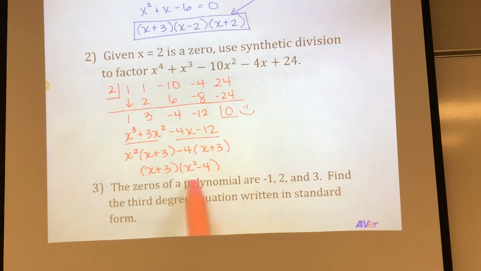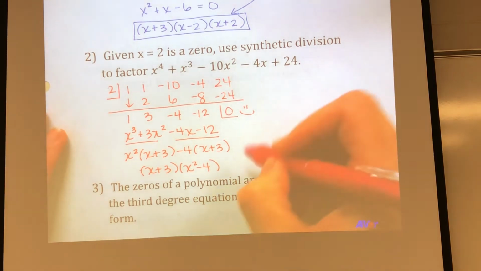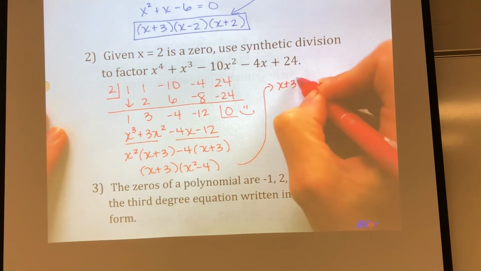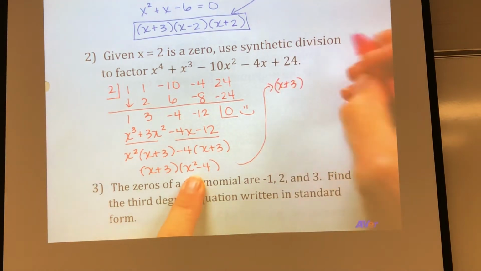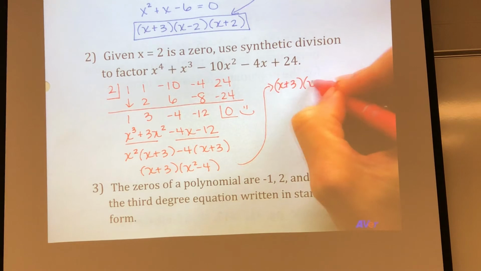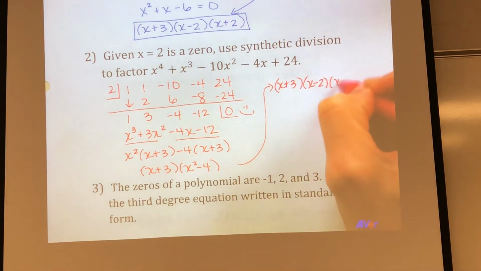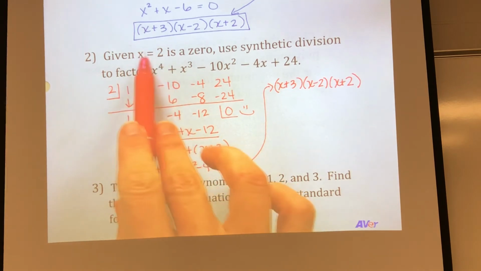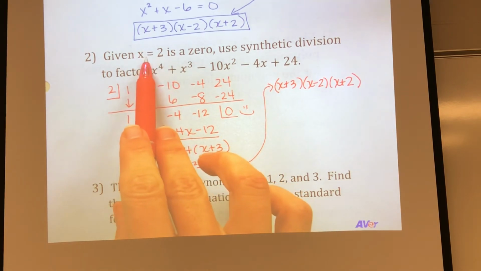Then we also need to factor this x squared minus 4, because that's a difference of squares. So I'm going to take that up here. We're going to stay with the x plus 3 that we had before. I'm going to factor the x squared minus 4 to x minus 2, x plus 2. And then since we needed this additional 2, that would be an x minus 2.